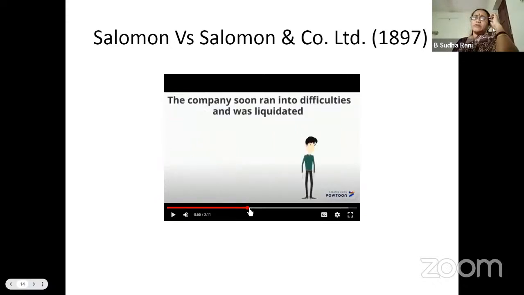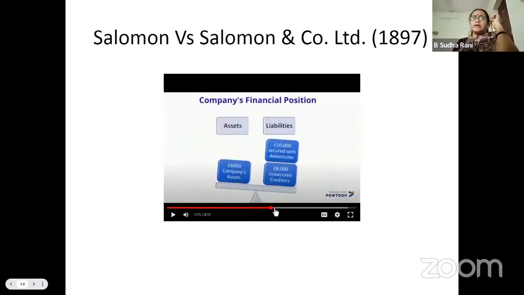They are only members of the company, and the company has some unsecured creditors, who will be paid in case of loss only when the company has sufficient proceeds after sale of the assets. Otherwise, they will not be paid.